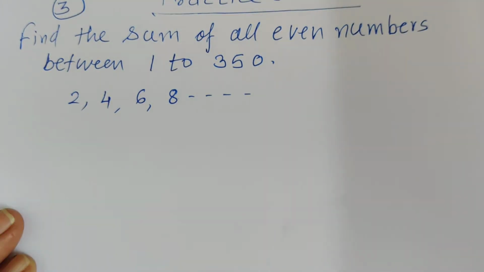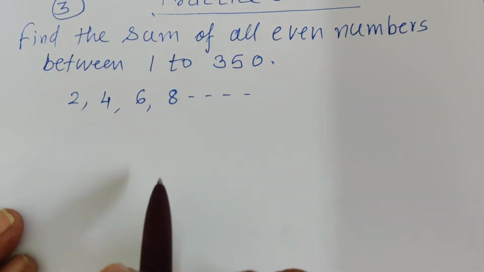The last number is given here, 350, and the example says find the sum of all even numbers between 1 to 350. That means not 1 and not 350, but between these two. Though 350 is an even number, it will not come in the list.